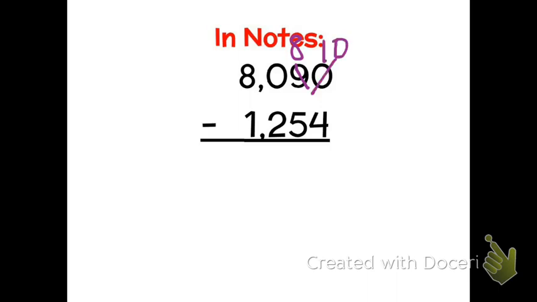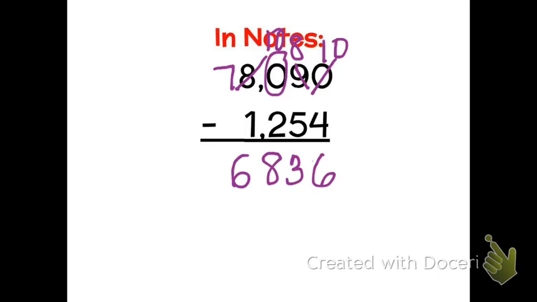My 0 is now a 10, so I can do 10 minus 4, giving me 6. 8 minus 5, which would give me 3. And then again, I've got a 0, so I have to borrow again, making that one a 10. So 10 minus 2 would be 8. And then 7 minus 1, which would be 6.